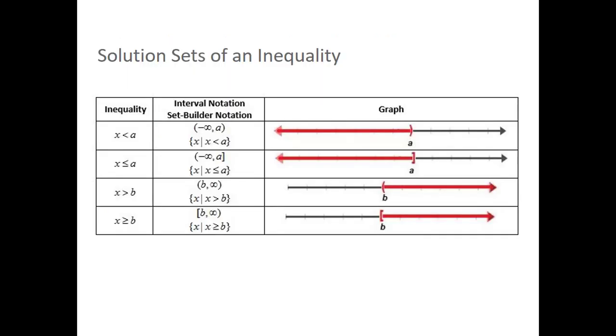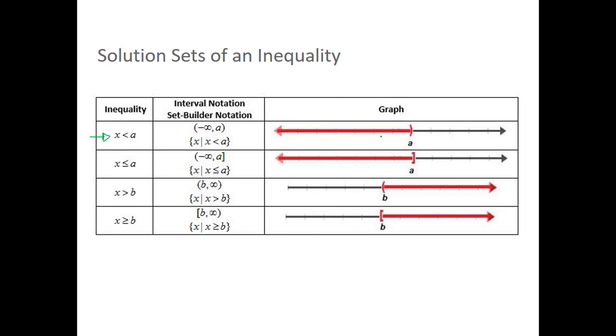Here are some general inequalities, the way we graph a solution set, and how we write the solution set in interval notation and set builder notation. This first inequality is x < a. Solutions of this inequality are all numbers less than a. The graph of the solution set consists of all numbers to the left of a, but not including a.